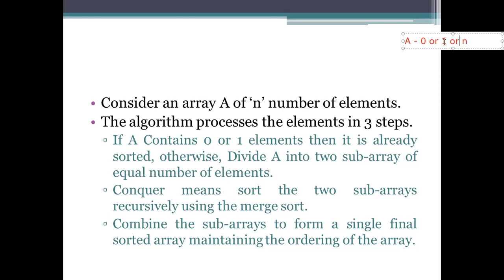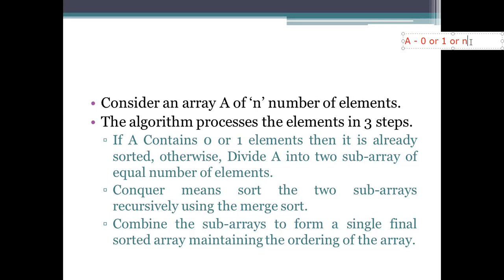If there is one element, let it be in sorted order, because there is no need to compare with other elements; it consists of only one element, which is in sorted order. If it has n elements, then we need to make this array into sorted order.